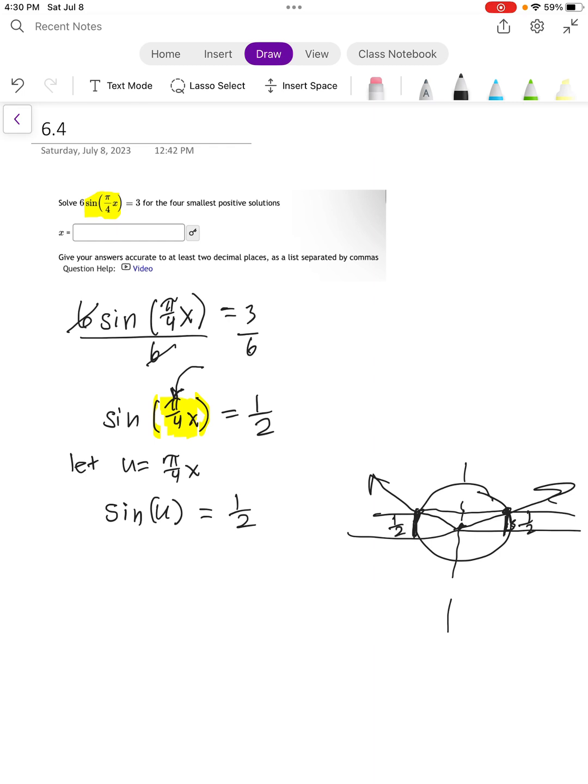So the question is, at what angle would the side of the triangle be 1/2? Well, this should be one that you have memorized.